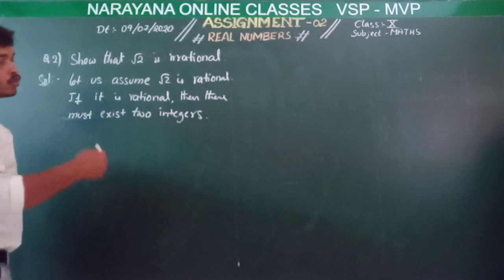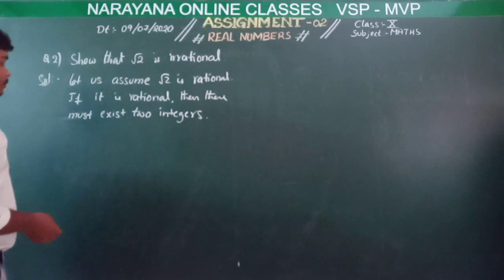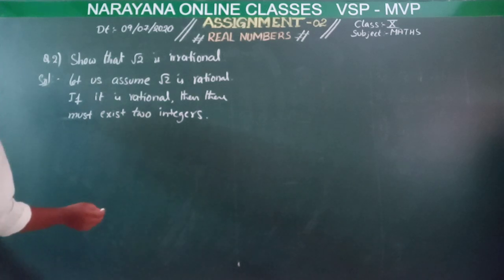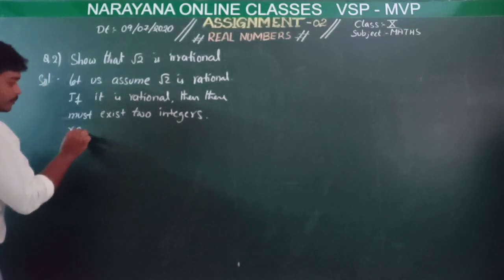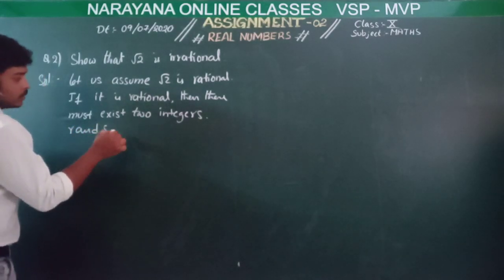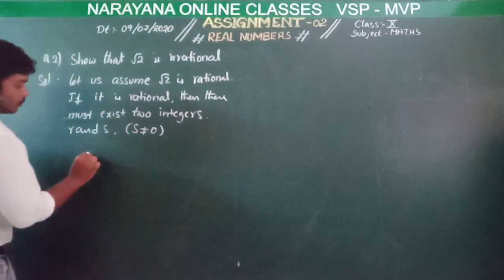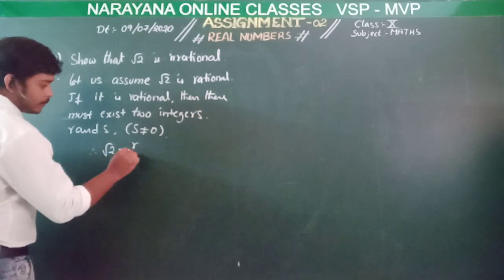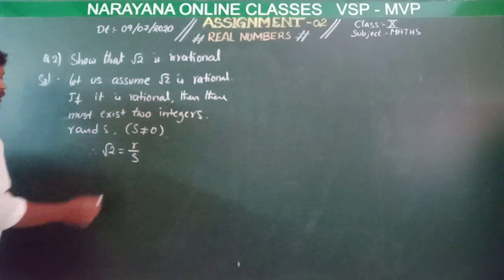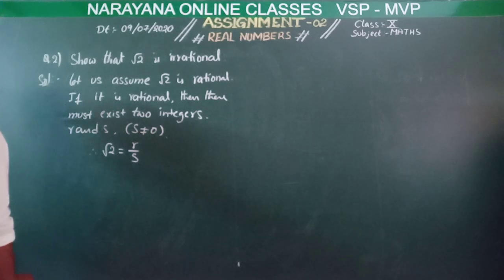Let us assume those two integers are r and s, and s should not be equal to 0. Therefore, root 2 equals r by s, where r and s are integers.